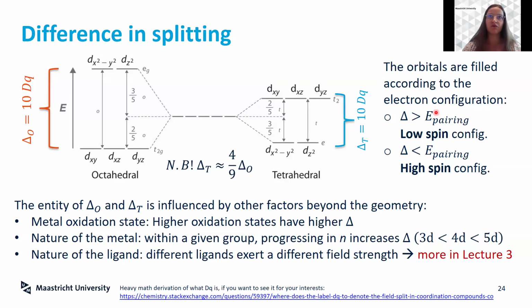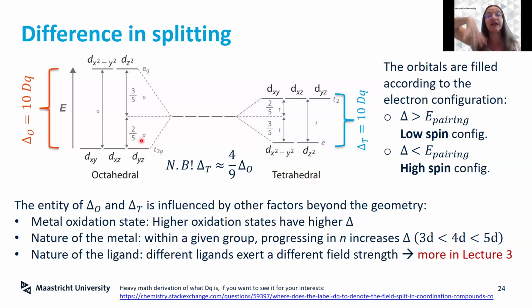Here, the question of whether you do 1, 2, 3, 4, 5, or 1, 2, 3, 4, 5 with pairing depends on the entity of this jump. If jumping to the higher level is easier than pairing, because pairing a spin by flipping the spin of an electron will cost you some energy, then if you prefer jumping rather than pairing, you end up in a high spin configuration.